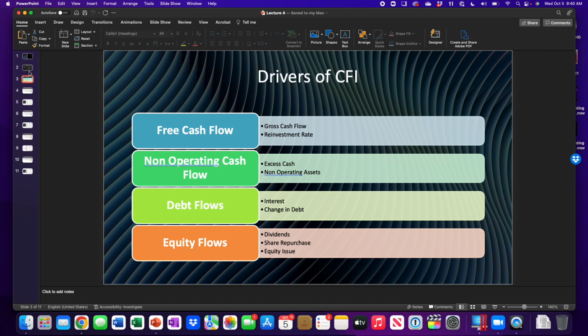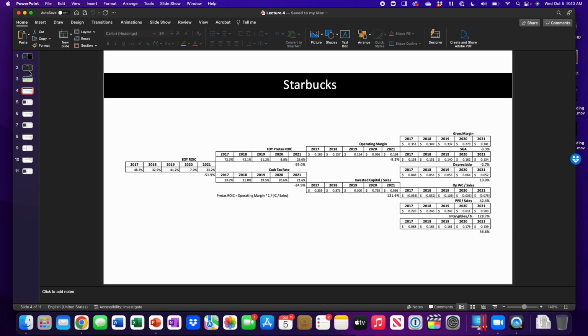Right? Now, let's start out with the ROIC tree, and we're going to use Starbucks as our working example. So this is a 5-year ROIC tree of Starbucks. This ROIC tree will be created automatically by the valuation model that we're building. So I actually pulled this right out of our valuation model. Right? This is what you're going to be working on in a few weeks.